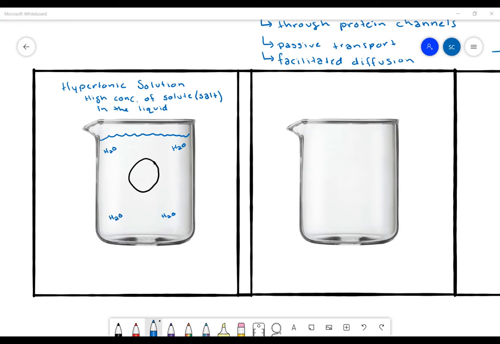But in a hypertonic solution, it's going to be very salty. So you're going to have a lot of sodium and chloride floating through. So they're kind of crowding out the space for the water molecules.